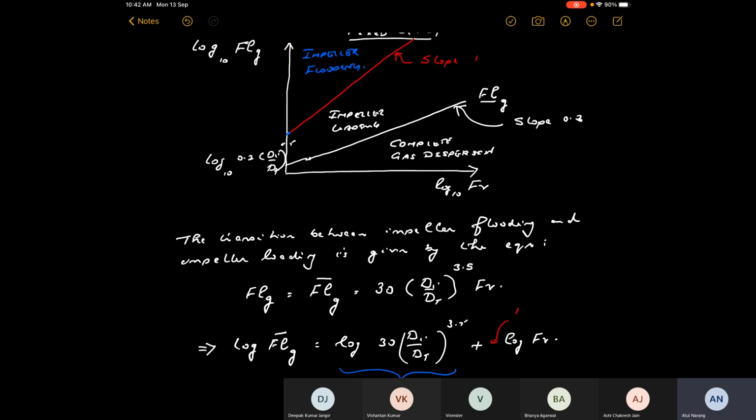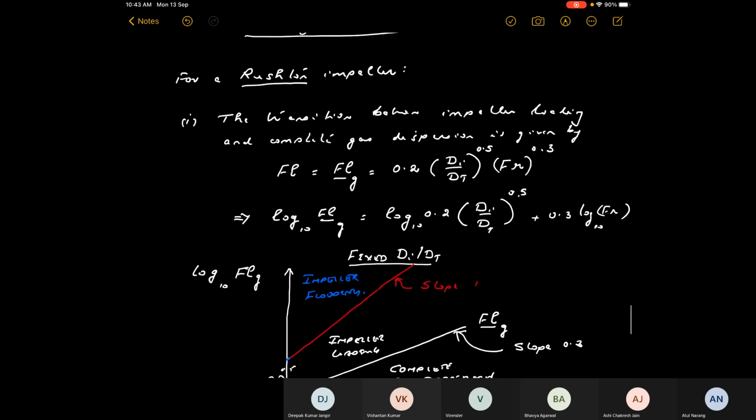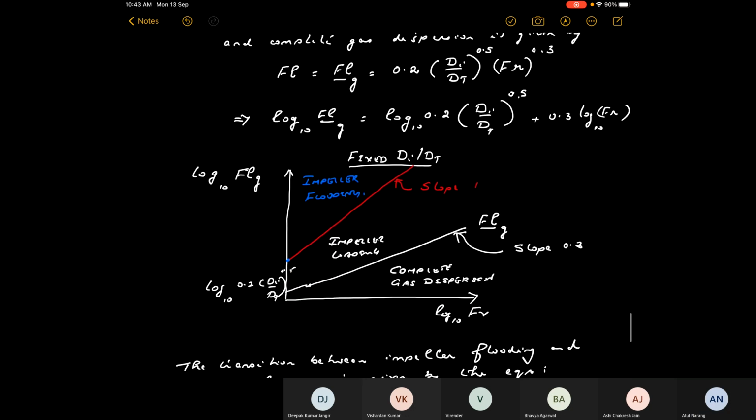The Froude number is n sub I squared d sub I over G. This is F sub G divided by n sub I d sub I squared.